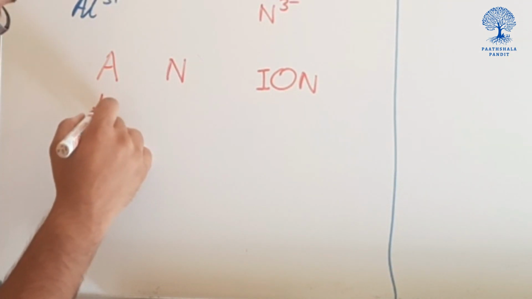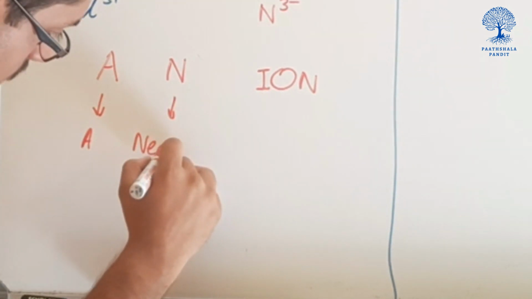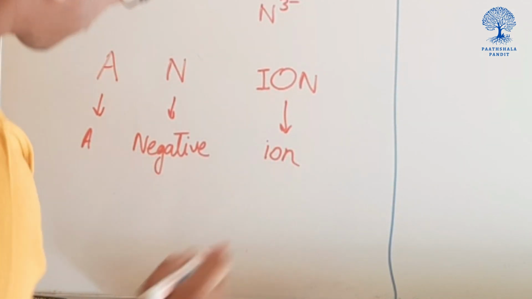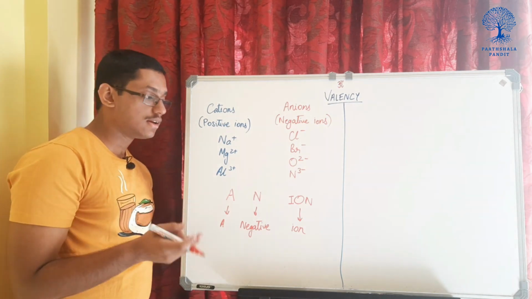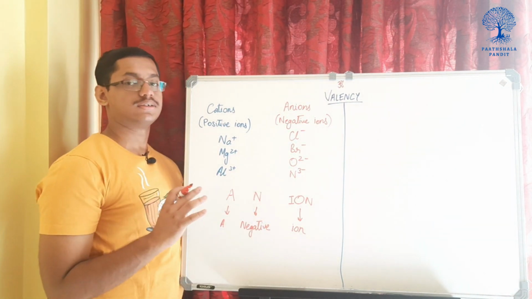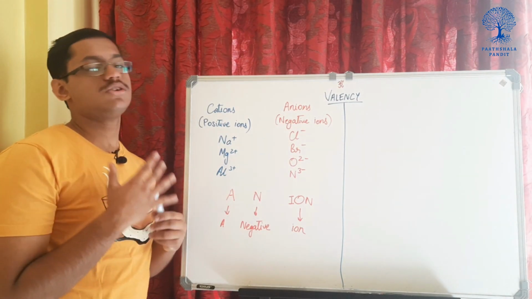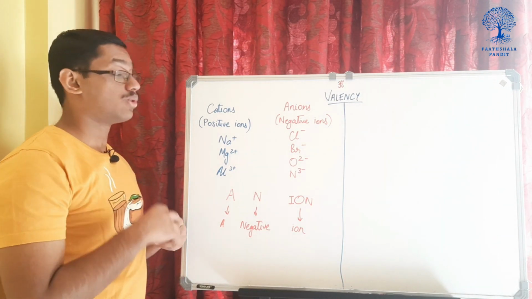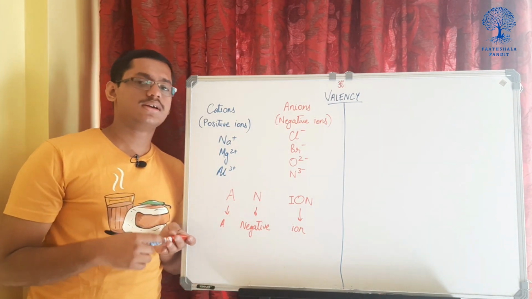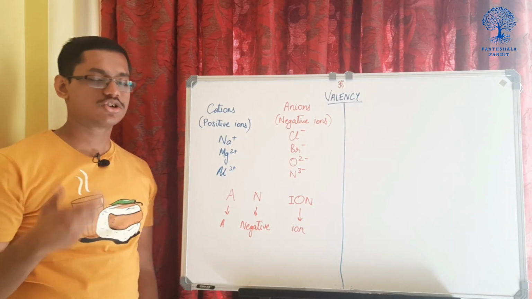So this is A, this is negative, this is ion. You must consider anion as a negative ion. This is completely unscientific, but a way to remember. So you can automatically remember that if anion is a negative ion, then cation should be a positive ion.